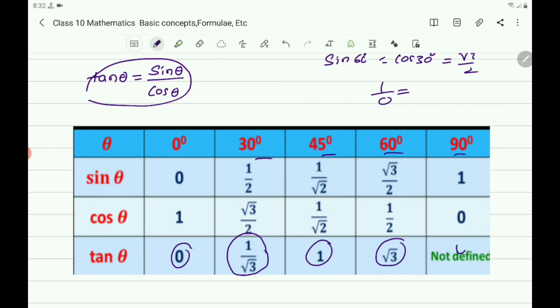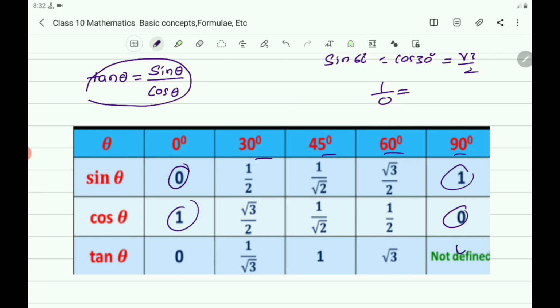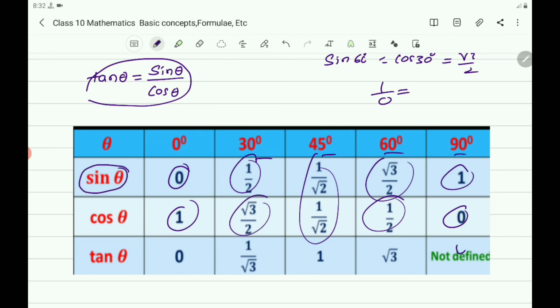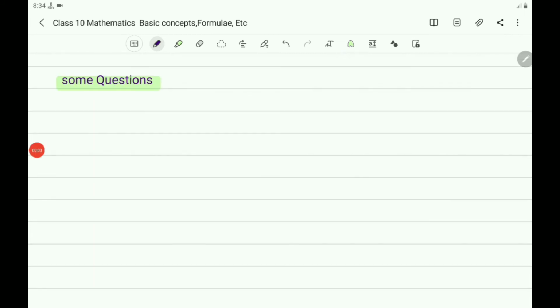You close your eyes and imagine the chart here. This and this are the same, this and this are the same. So if you keep in your mind only the sin theta, the others you can guess.